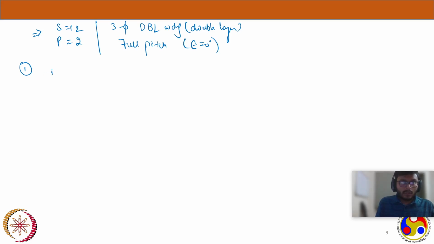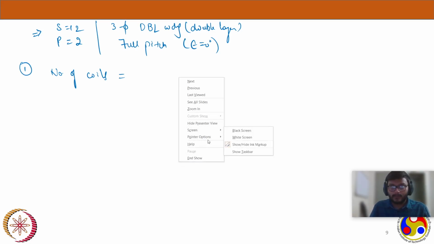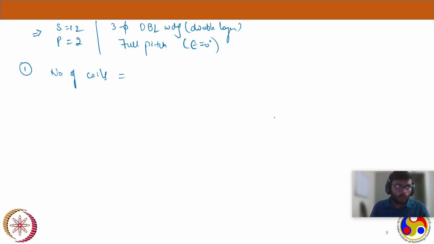So, can someone tell me the number of coils? How much is the number of coils here? It's a double layer winding. 12, sir.